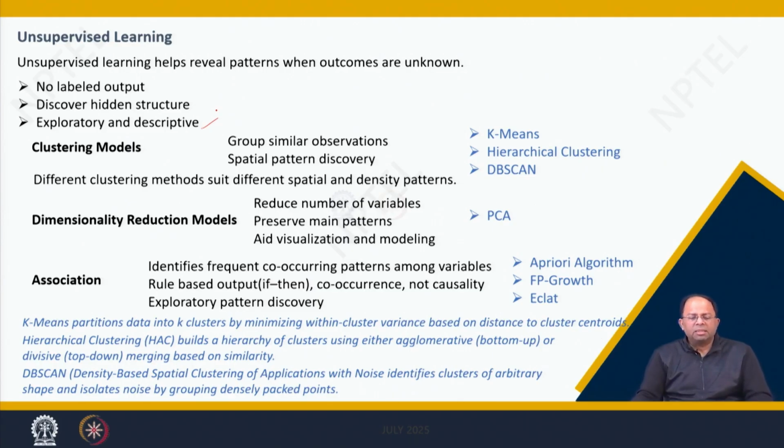Different clustering methods suit different spatial and density patterns, and accordingly we'll choose which model to apply. So there is K-means clustering, there is hierarchical clustering, there is DBSCAN. DBSCAN, as you understand, is based on density, whereas K-means is based on distance. Hierarchical clustering is based on how we can group the different classes in a hierarchical form.